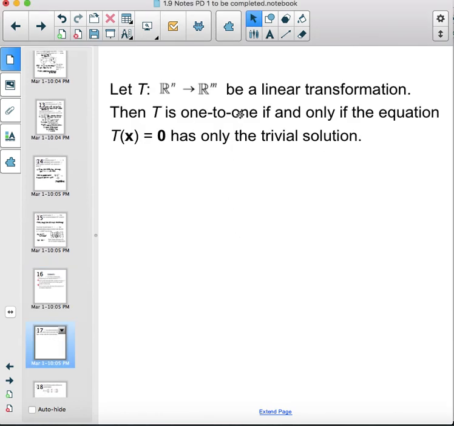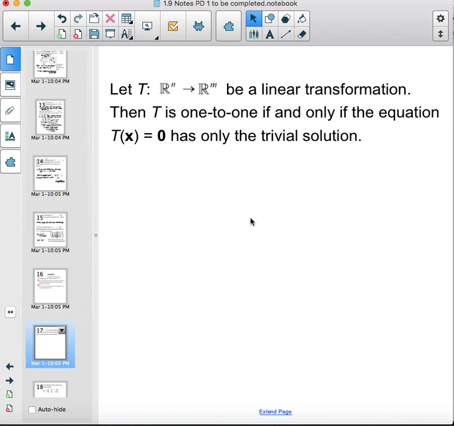If T is a transformation from Rn to Rm, as always, then T is one-to-one if and only if Tx equals 0 has only the trivial solution. I want to look at this with you in person as well. However, you can think about if you have the 3 by 3 identity matrix, then if the identity matrix times X equals the 0 vector, then obviously all 3 components of X have to be 0.